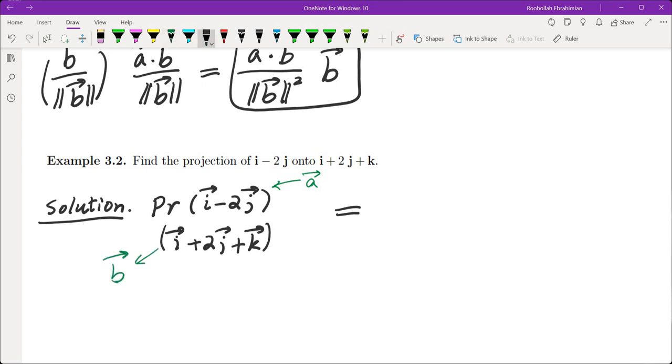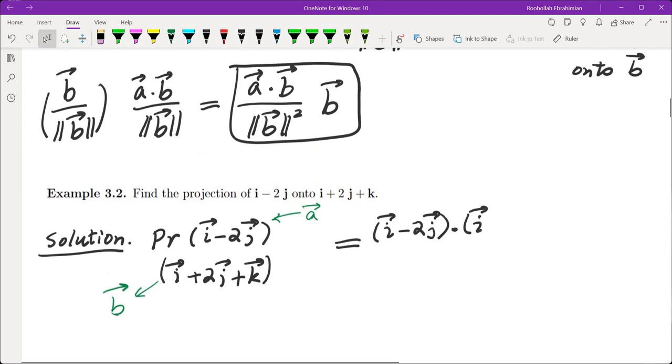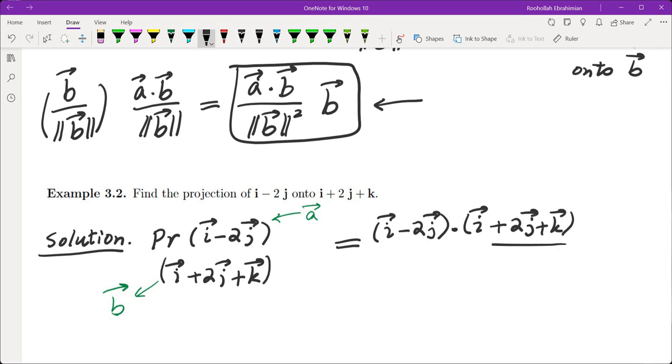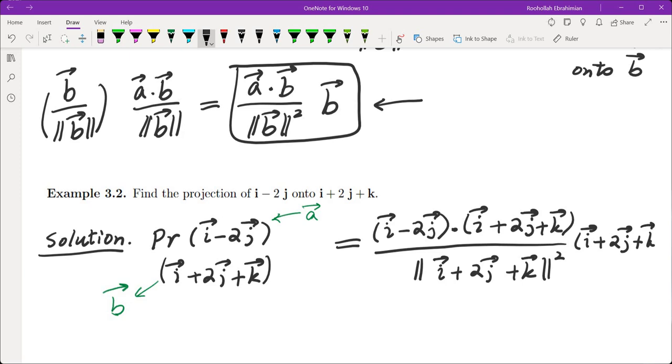What we need to do is first find the dot product of these two. So A dot B, if we look at the formula that we have up here, is A dot B divided by magnitude of B squared, so magnitude of i plus 2j plus k squared, and then multiplied by B, multiplied by i plus 2j plus k.